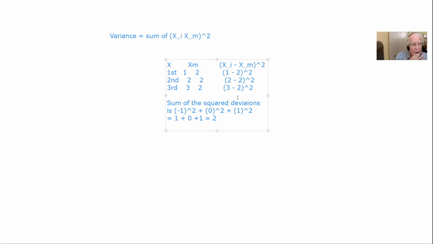And then to express this as a variance, we divide the sum of the squared deviations by the number of observations.